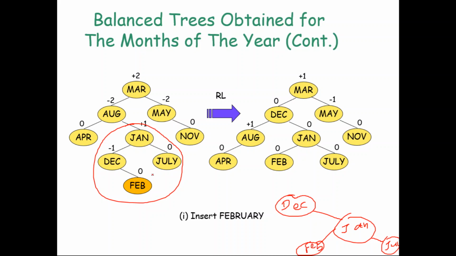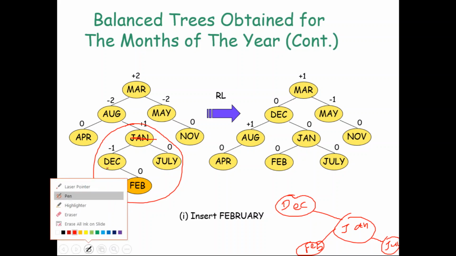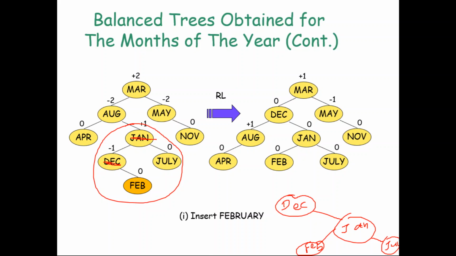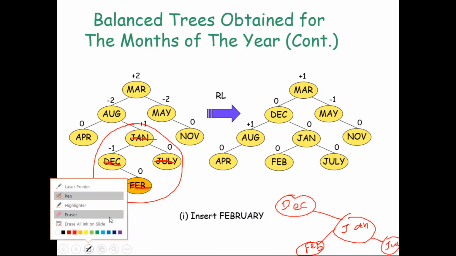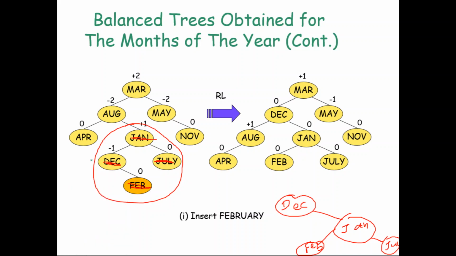So this part of the tree will be converted like this. The root will be December. I will use a different color. I will strike off all these with red, then I will use a different color. So the root of this tree will be December. This is December, and December's right child is Jan.